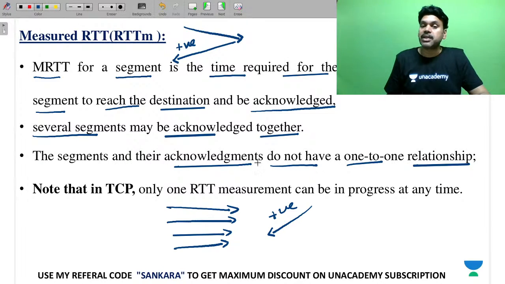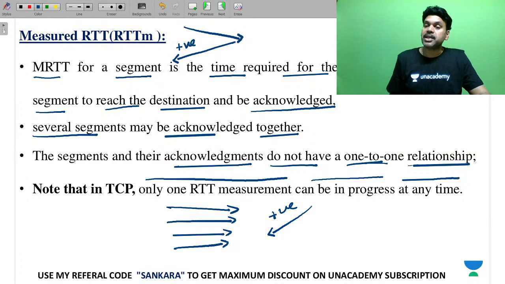But the segments and their acknowledgements do not have a 1:1 relationship, in the sense that segments can be cumulatively acknowledged. So in TCP, only one RTT measurement can be in progress at any time.